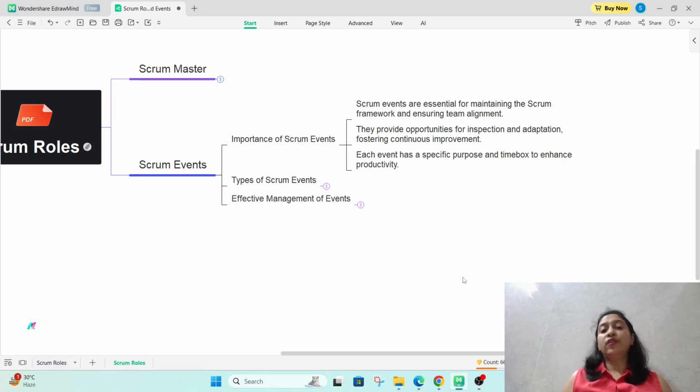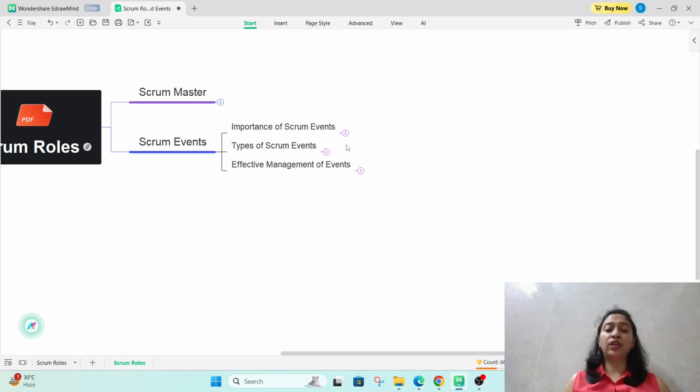So, Scrum events are essential for maintaining the Scrum framework and ensuring team alignment. They provide opportunities for inspection and adaptation, fostering continuous improvement. Each event has a specific purpose and time box to enhance productivity. So, this is the importance of the Scrum events.